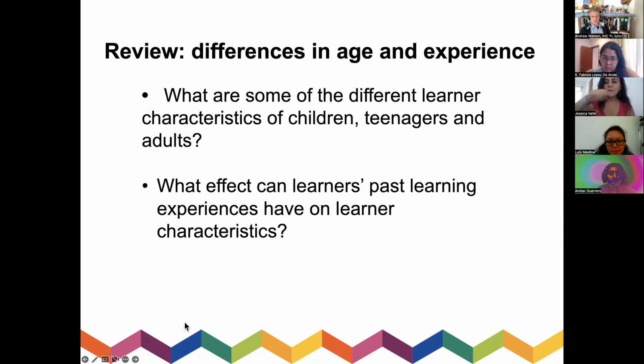Any of the points that you'd like to make, Fabiola? Fabiola and Amber, before I give you some suggested answers to these two questions. Yes, just to complement our talk, Amber. For example, speaking about any learner, I think it has to do with the relationship that you build with the language.